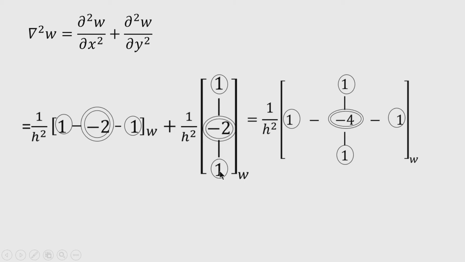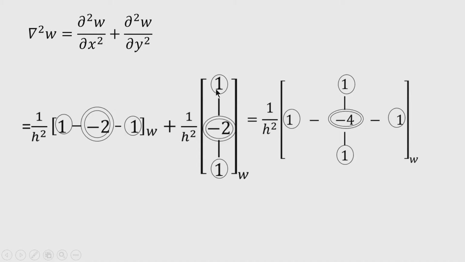Since the even derivatives are symmetric, there is no change of sign if I consider the coefficients at the top and bottom. Similarly, if I consider the coefficients towards left and right, there is no change in sign.